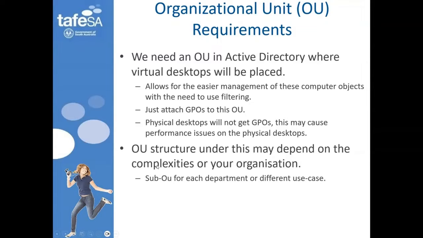So the policy might be applied at a high level in the hierarchy, but we might specify filtering to say only certain groups of computers or users get it, but that's extra work. If we have an OU, we can apply it directly to these things without worrying about filtering.